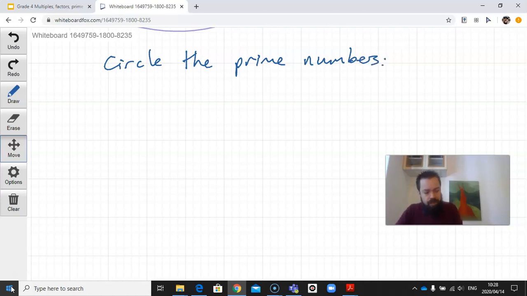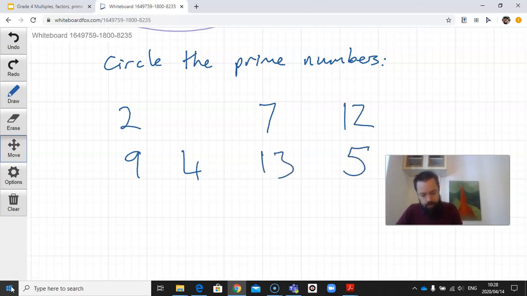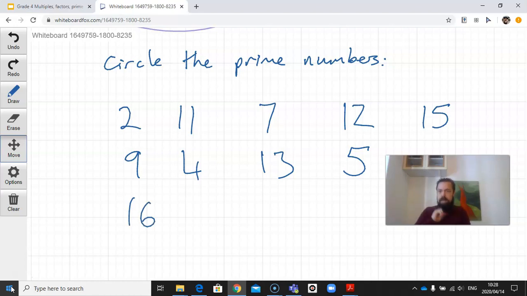You may need to work some of these out. I'm just going to jot some of them down all over the place. Have a look at those numbers, and on a piece of paper, write down the ones that you think are prime.